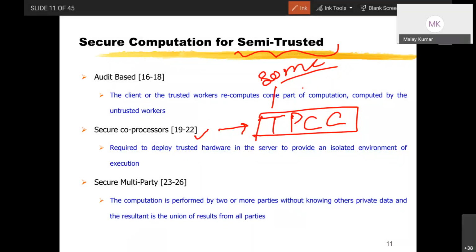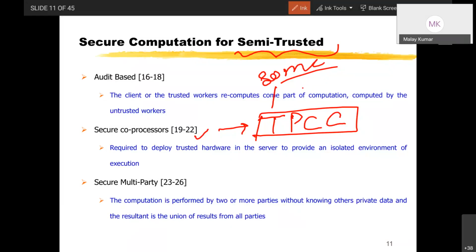There are two or more parties, very similar to audit-based computation, but the difference is that the data is divided between these parties.